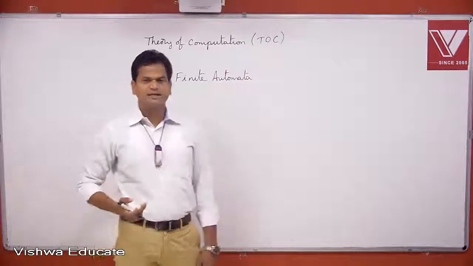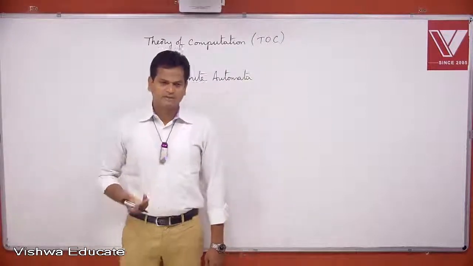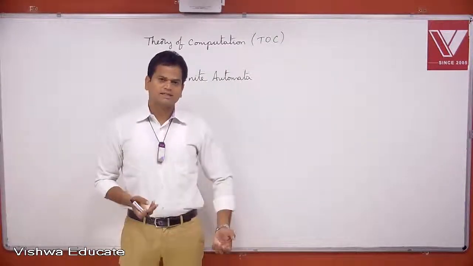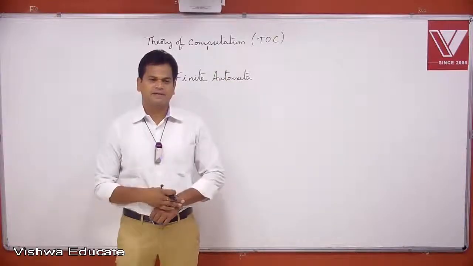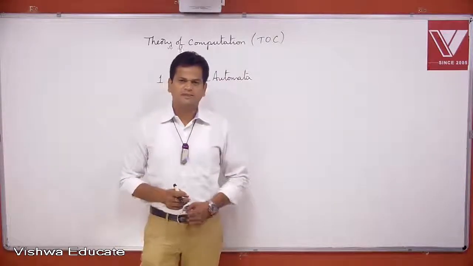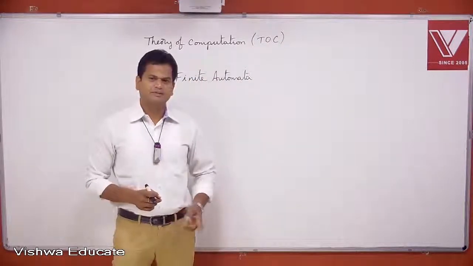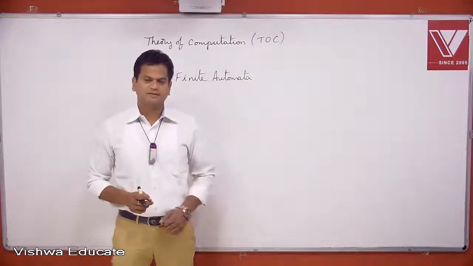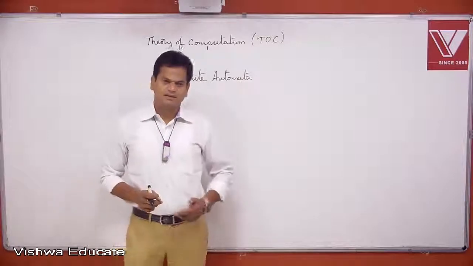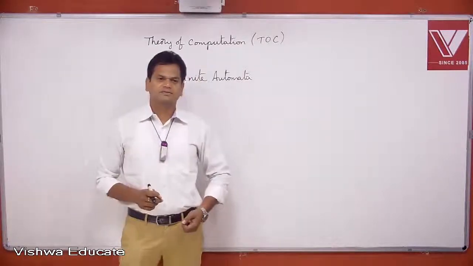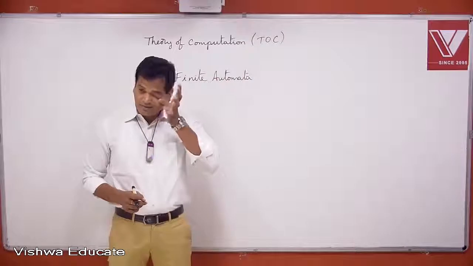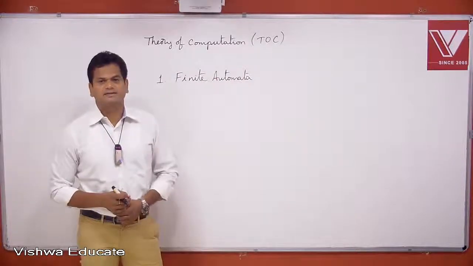In this finite automata, what is a finite automata? What is DFA? What is NFA? And what is Mealy machine? What is Moore machine? And conversion between Mealy and Moore, vice versa. And elimination of epsilon moves and construction of DFAs.